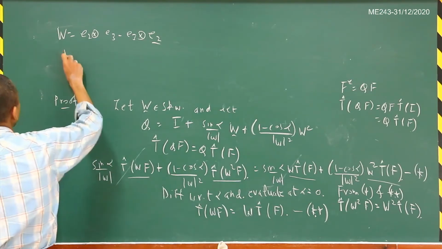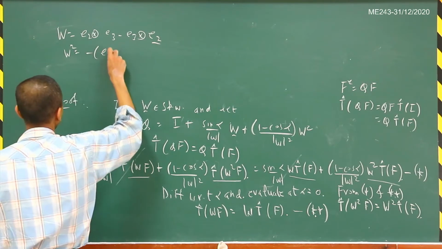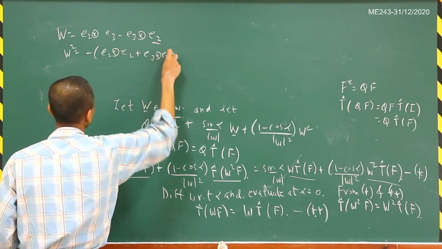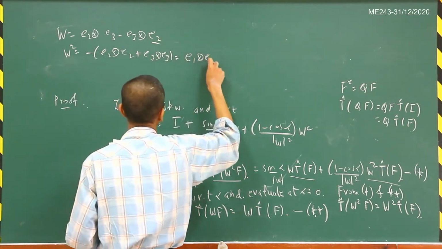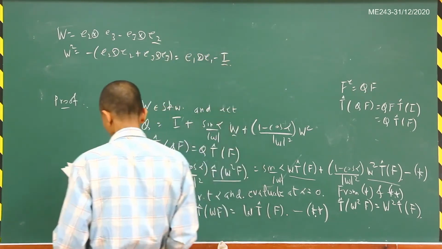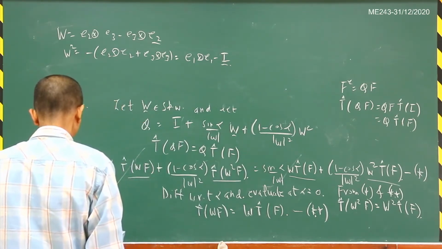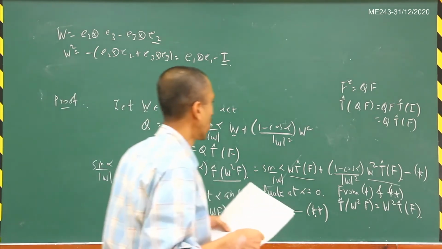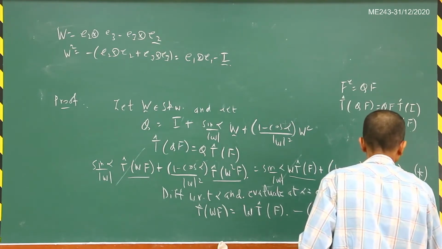So W square will be equal to minus of E2 dyadic E2 plus E3 dyadic E3, which is equal to E1 dyadic E1 minus identity. Let us call this relation 3 star.